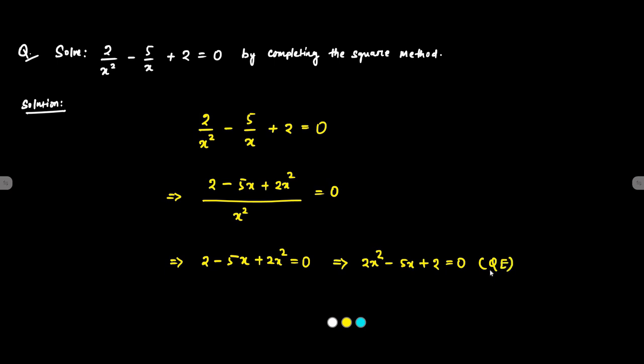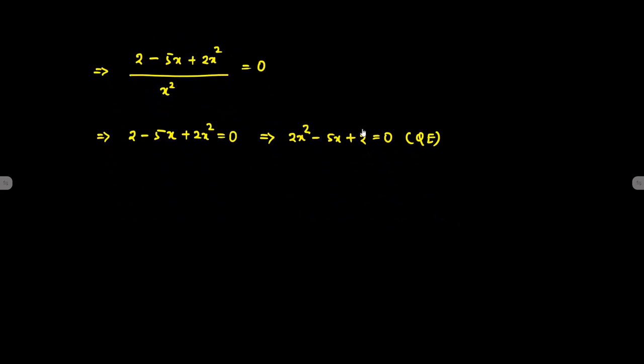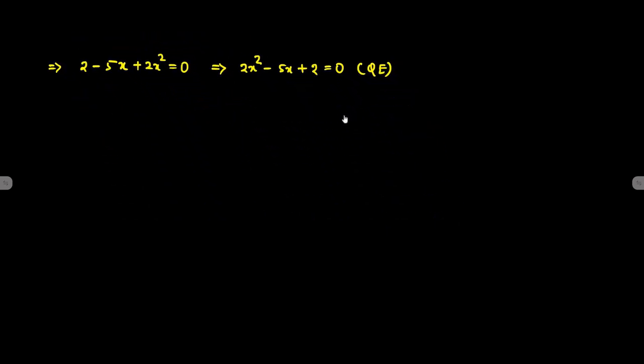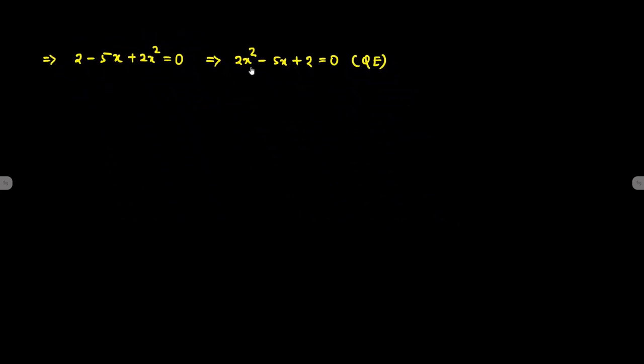Now we have to solve this. The approach is we have to multiply by 2 on both sides. Why? To bring it into a proper whole square form.